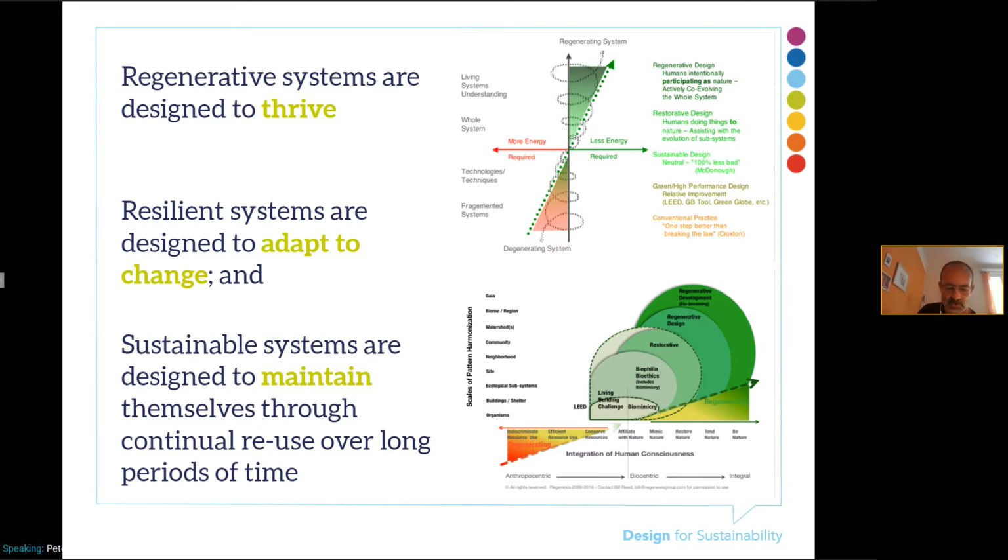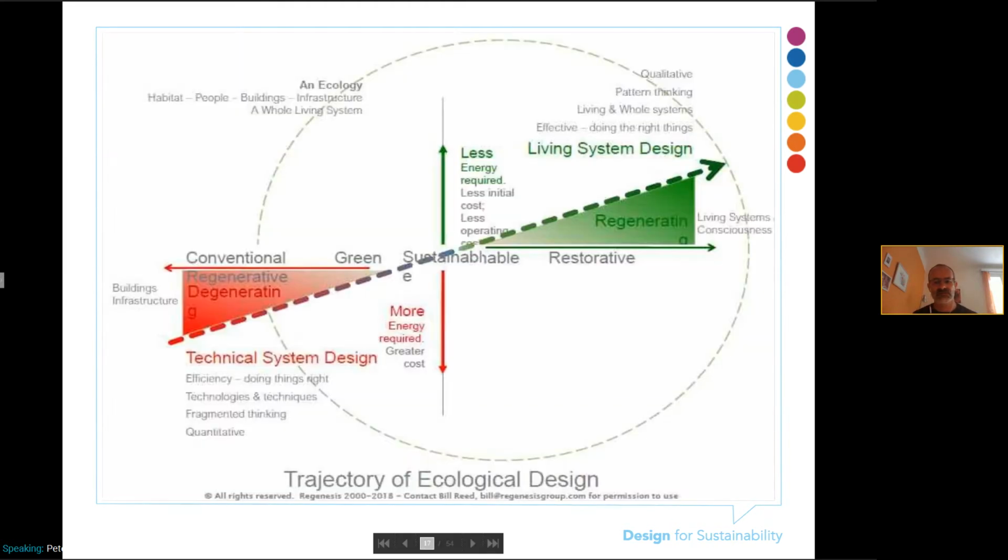And a sustainable approach aims to maintain a system over a long period of time, something we really want to achieve as well. One of the practitioners in regenerative design, Bill Reed from the Regenesis group, who has been working in that field for the last few decades, has developed a graph.